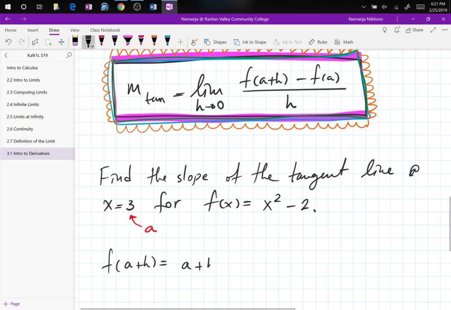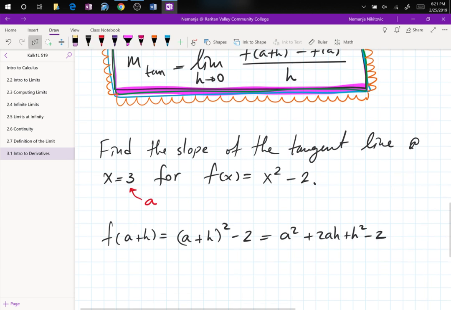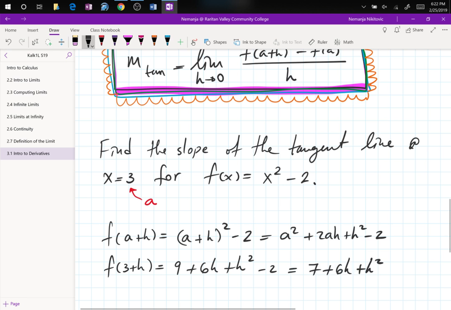It's a plus h squared minus 2, which is a squared plus 2ah plus h squared minus 2. And now that we know that a is 3, f of 3 plus h is going to be 9 plus 6h plus h squared minus 2 for a total of 7 plus 6h plus h squared.